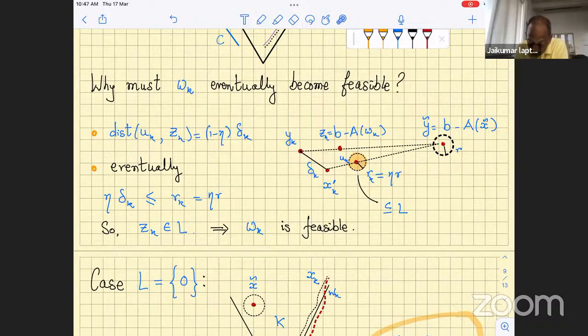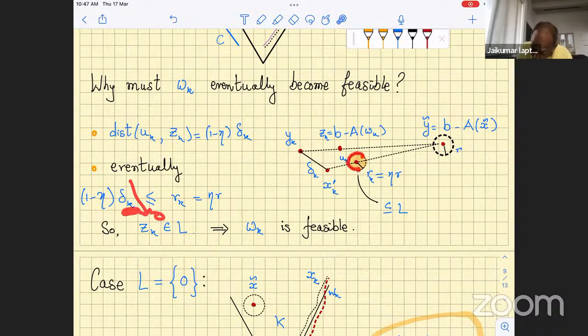But as k becomes large, look at this quantity. This quantity is the distance between these 2 points. That is going to go to 0 as k becomes large.